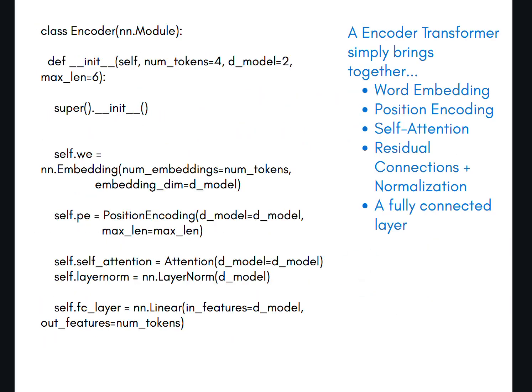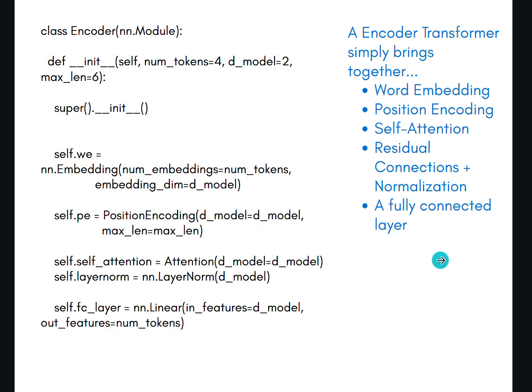Okay. So now let's discuss the class Encoder. Again, it is built on the nn.Module from PyTorch, and this is the super init from the nn.Module, taking the parent class init. So what are we passing here? We are passing the num_tokens, d_model equals 2 and max_len. So num_tokens 4, max_len 6.